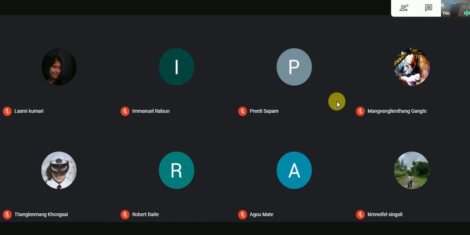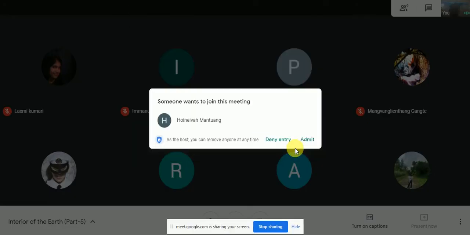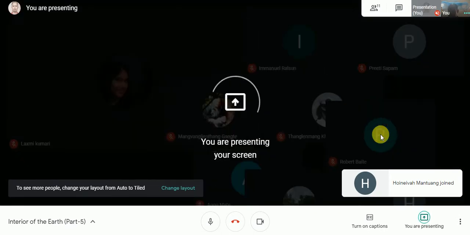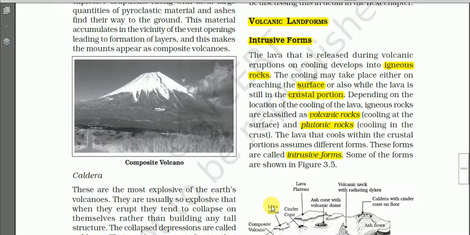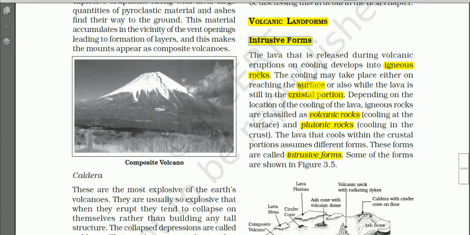Yesterday, we learned about the structure of the Earth and types of volcanoes, and today we shall discuss volcanic landforms, and mainly intrusive forms. Now let us read.